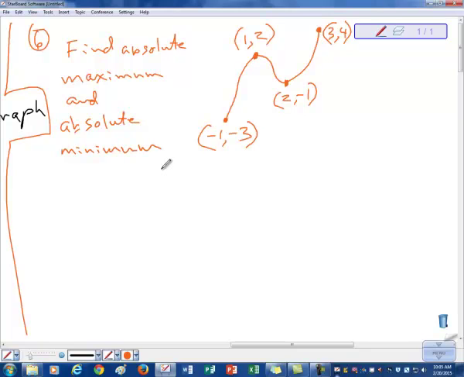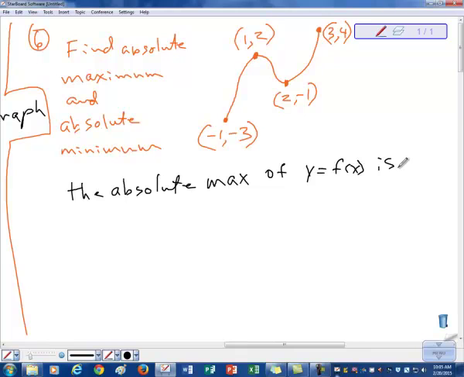So the way the question is going to be worded is the absolute maximum, and I won't write whole maximum out, of y equals f of x is, and basically the max or min are going to be the y values, right?